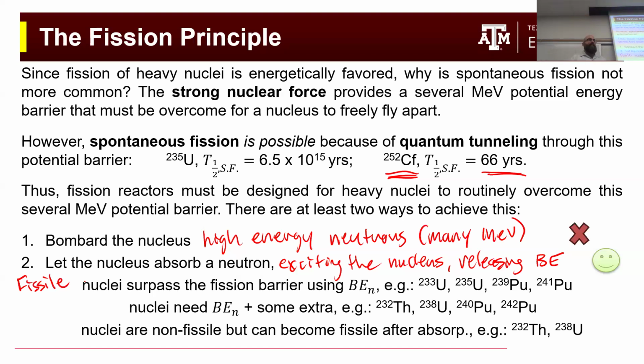It's material that can surpass that barrier and make fission happen with just a low energy neutron. And there are other nuclei that basically need some extra push to get there. They can fission, but they need neutrons of relatively high energies to make them fission. And so these are called fissionable.